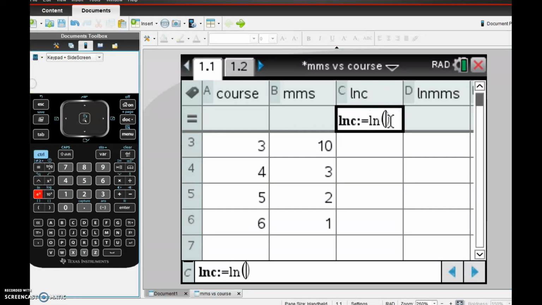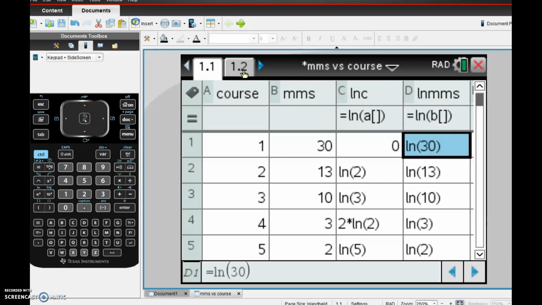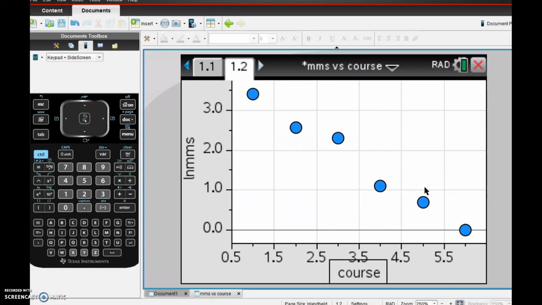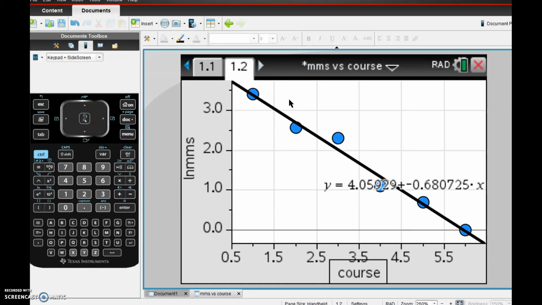Let's take the natural log of A and the natural log of B. Let's try this again. So I think we got the same graph. We're good. Now the linear regression should work.